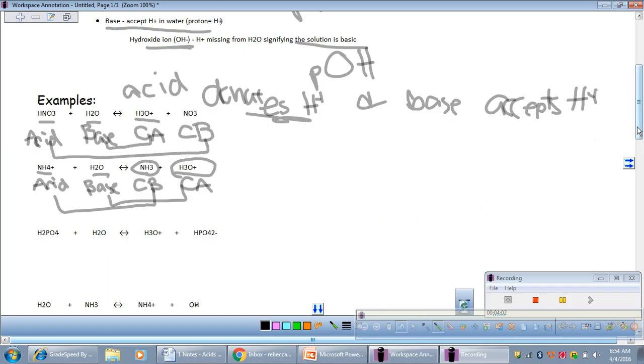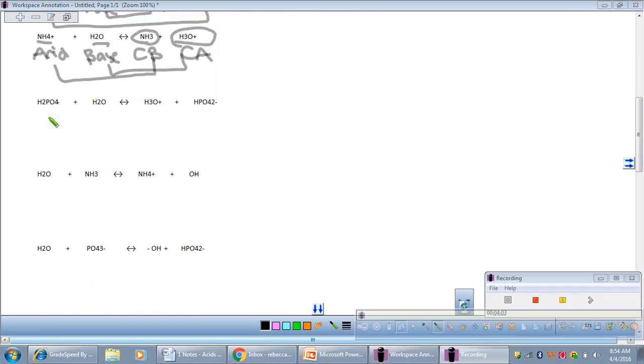All right. Next, H2PO4- plus H2O. Again, you take a look, hey, over here, it's only HPO4 2-, so it's missing one hydrogen. That means that this was the donor, our acid. This is our conjugate base, and water, again, acts as base, and H3O+ is our conjugate acid.